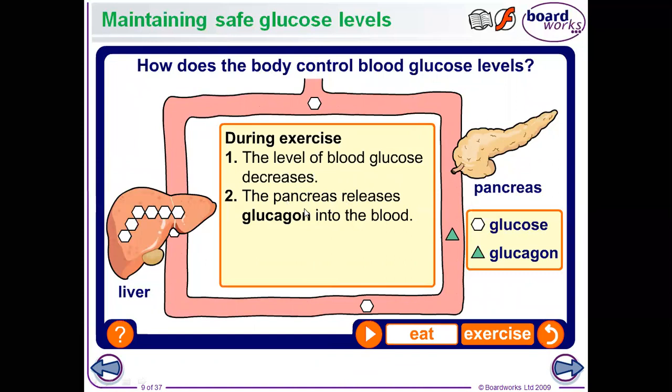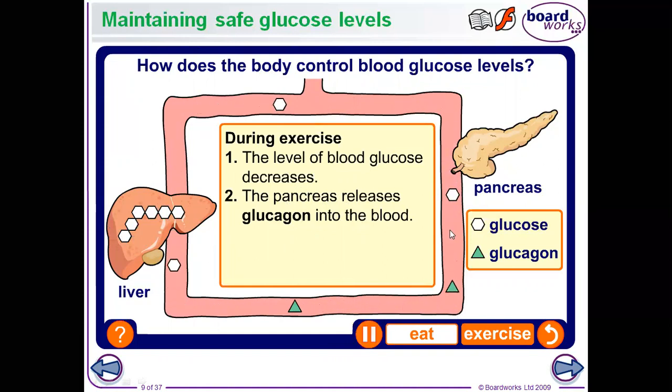So the pancreas releases glucagon into the blood, and glucagon converts glycogen into glucose again. Why? Glycogen is actually the storage form of glucose. It's a polysaccharide. Glucose is stored in the form of this huge molecule, and that is called what? Glycogen.